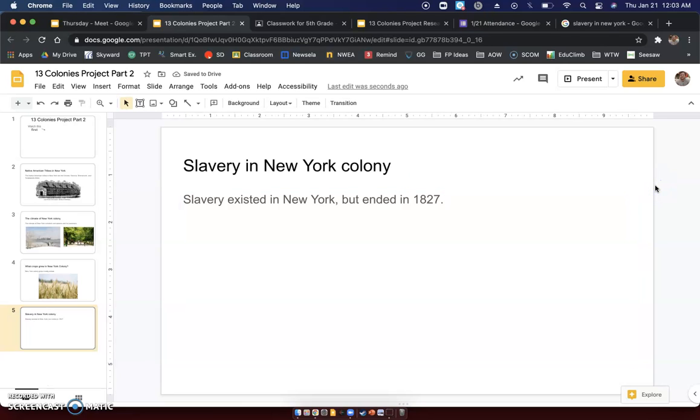So it's an important thing to know. Here's the thing: slavery is something that we look at today, and we say that was the worst part of our country, and it was. And you'll learn here in the next coming years about the Civil War and how that was really the fight about slavery and how states decided to leave our country because they wanted to keep slavery.